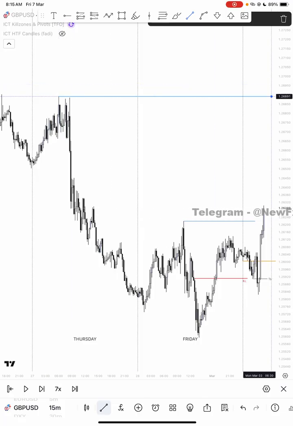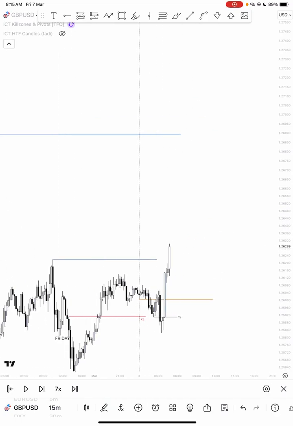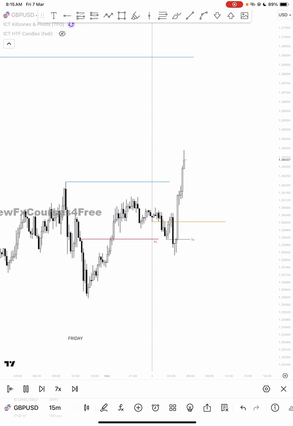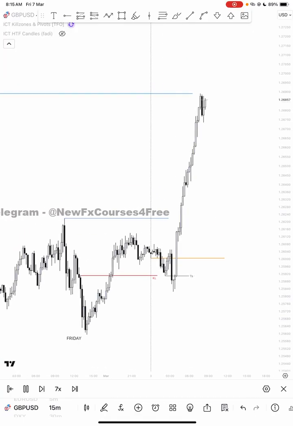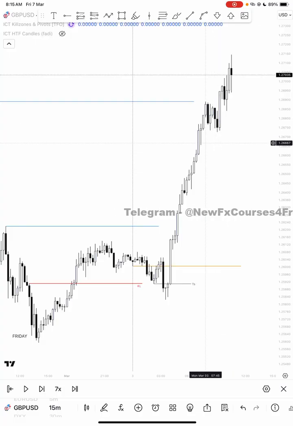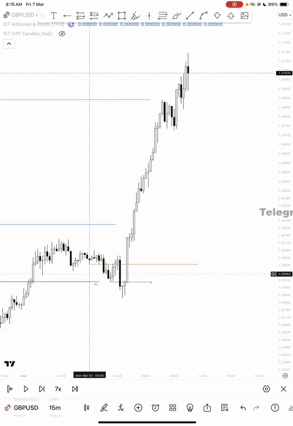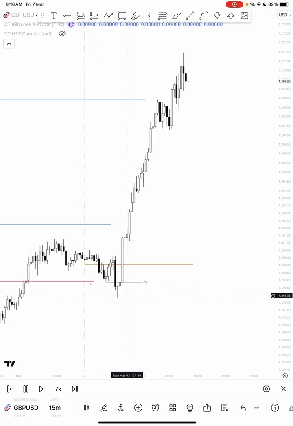So here you got your expansion towards your anticipated draw on liquidity over here. So got our open low. Let's look for a high and our close.